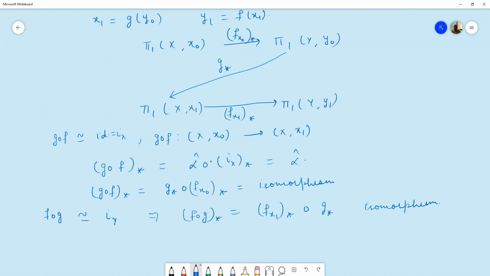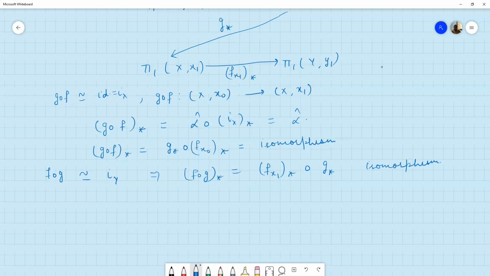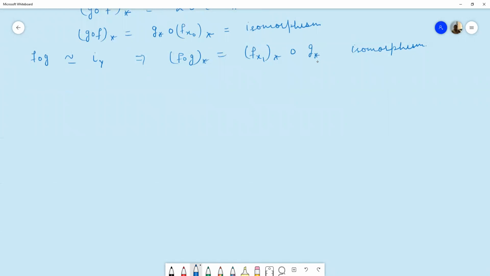So from this fact, if the composition is an isomorphism, then the latter mapping G star will be surjective. Sorry, this thing, G star circle F_x0 star is an isomorphism. Therefore this G star is surjective. But from here, F_x1 star circle G star is an isomorphism, it means G star is injective. So it means G star is an isomorphism.